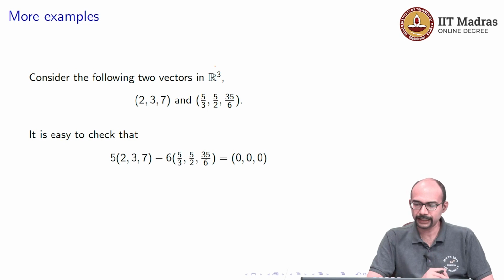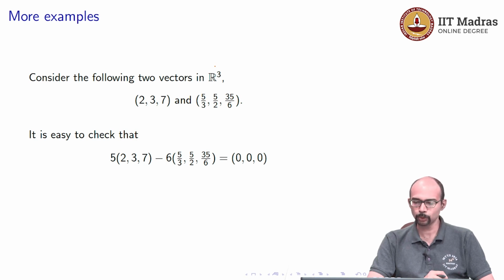So you can check that if you multiply this second vector by 6 and you multiply the first vector by 5, then you get the same vector.